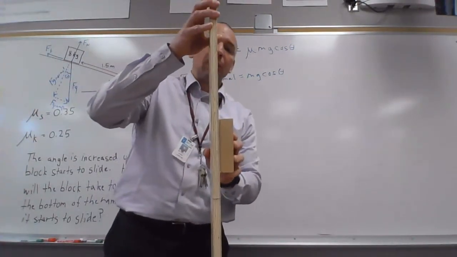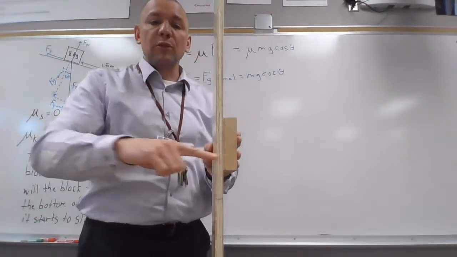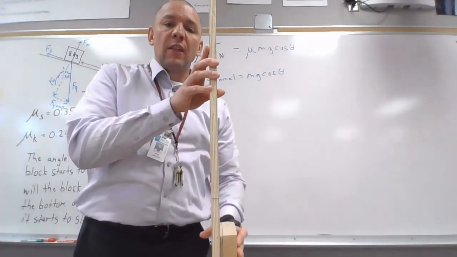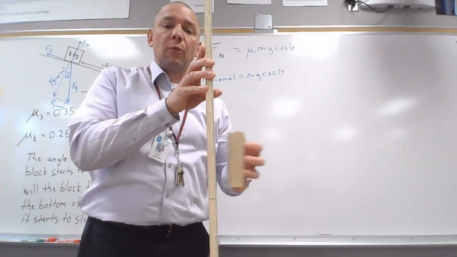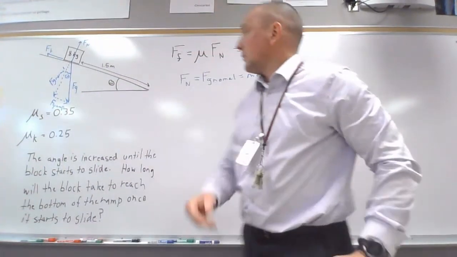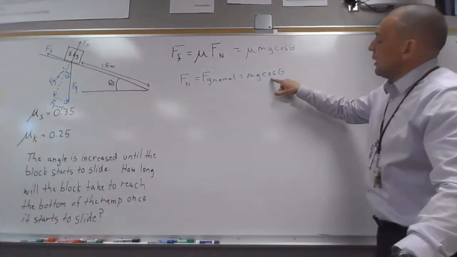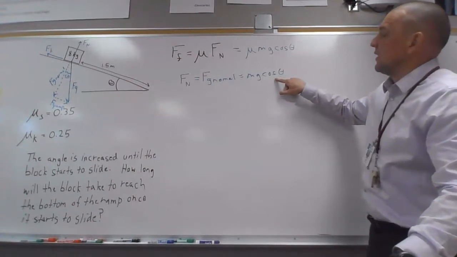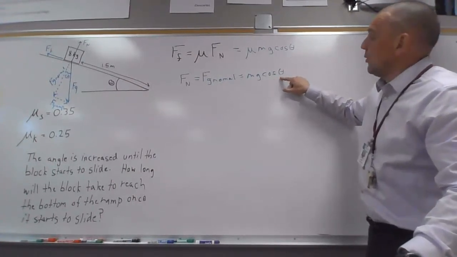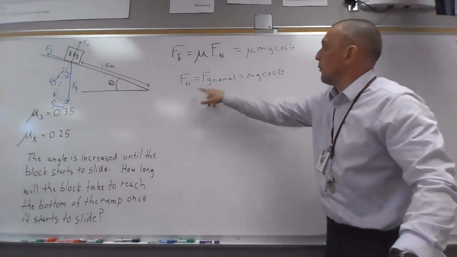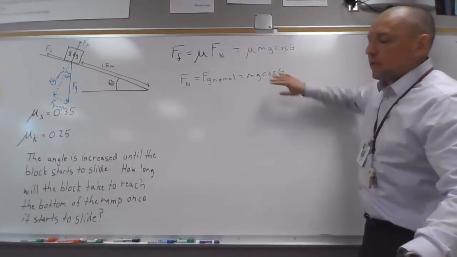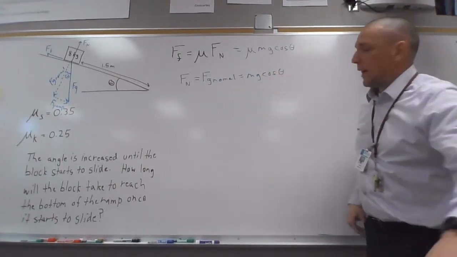Eventually, when the ramp's vertical, there's no force pushing this into the ramp. And so there is no friction because there's no normal force pushing it in. And that shows up in this equation. If theta is 90, cosine theta is 0. If theta is 0, cosine theta is 1, and the normal force is just equal to mass times gravity. So those equations work together.